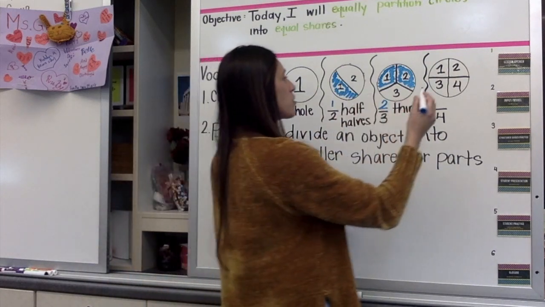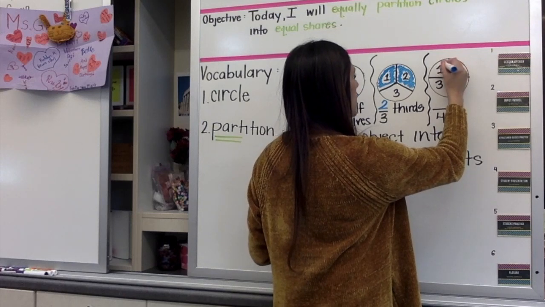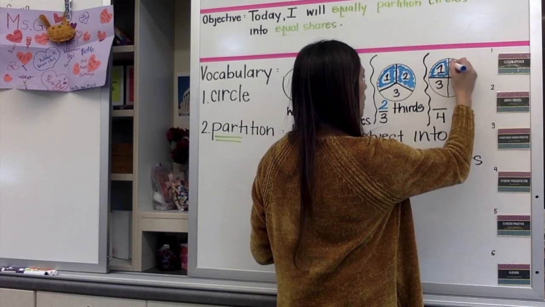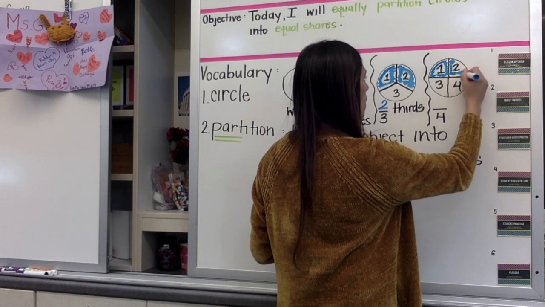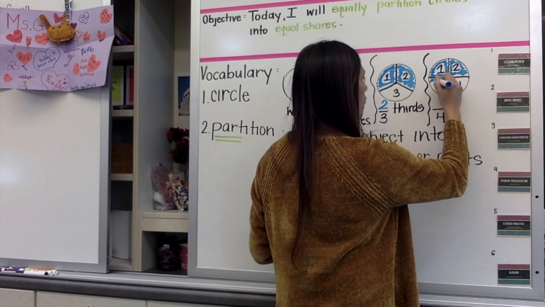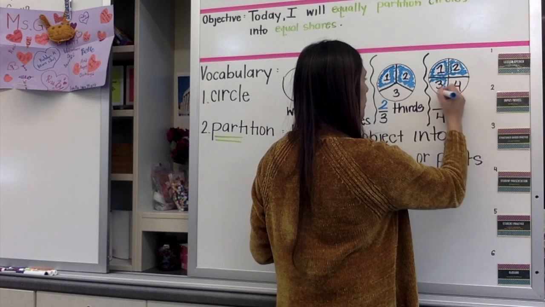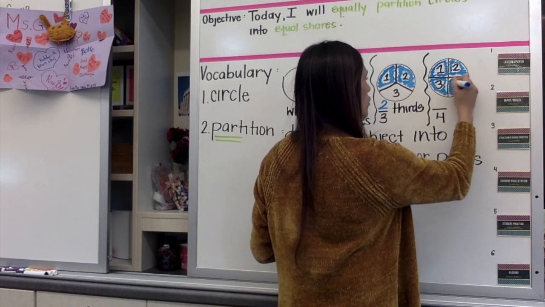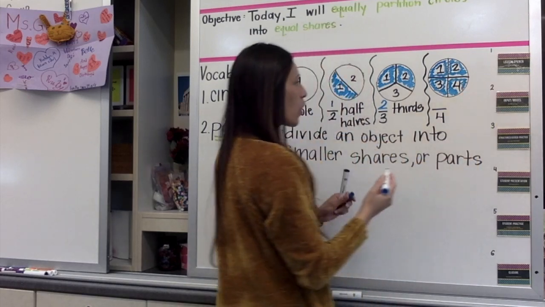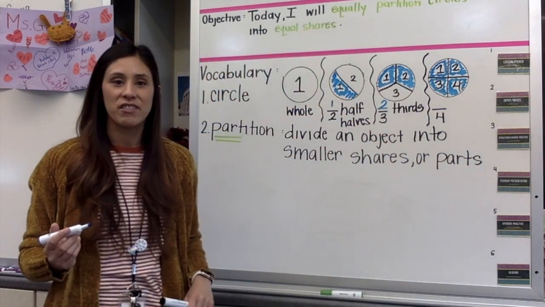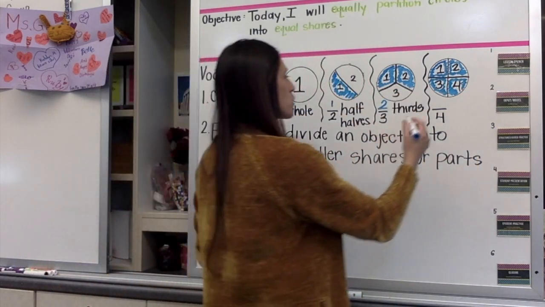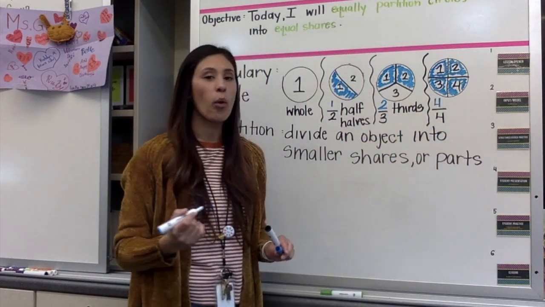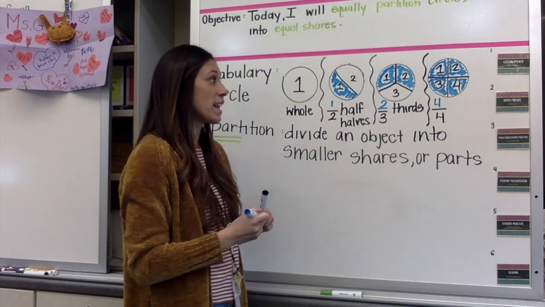And then I'm going to shade in all 4 pieces so I can show you a trick. So I have shaded all 4 parts. To write this fraction, I would say that 4 out of 4 parts are shaded.